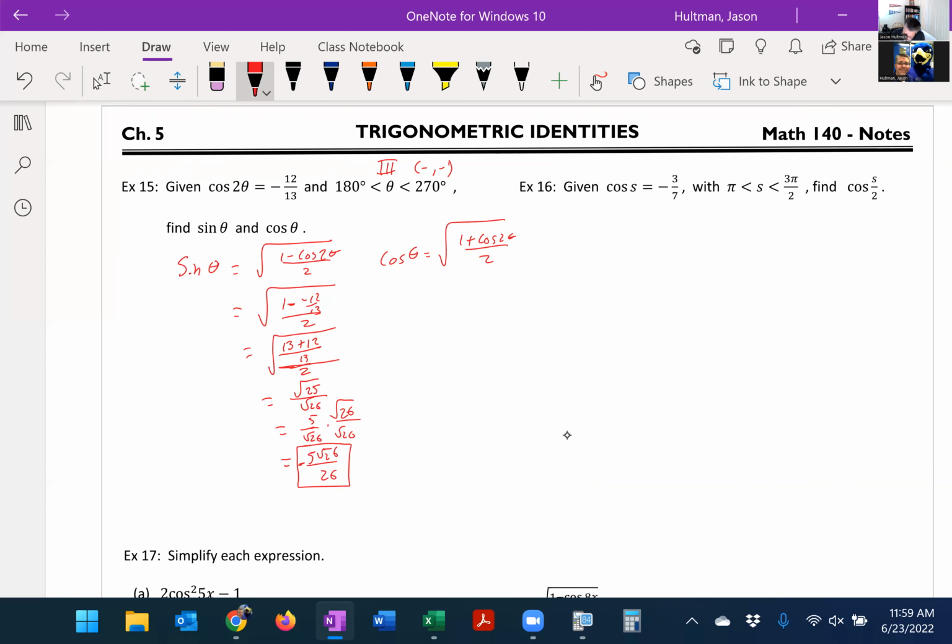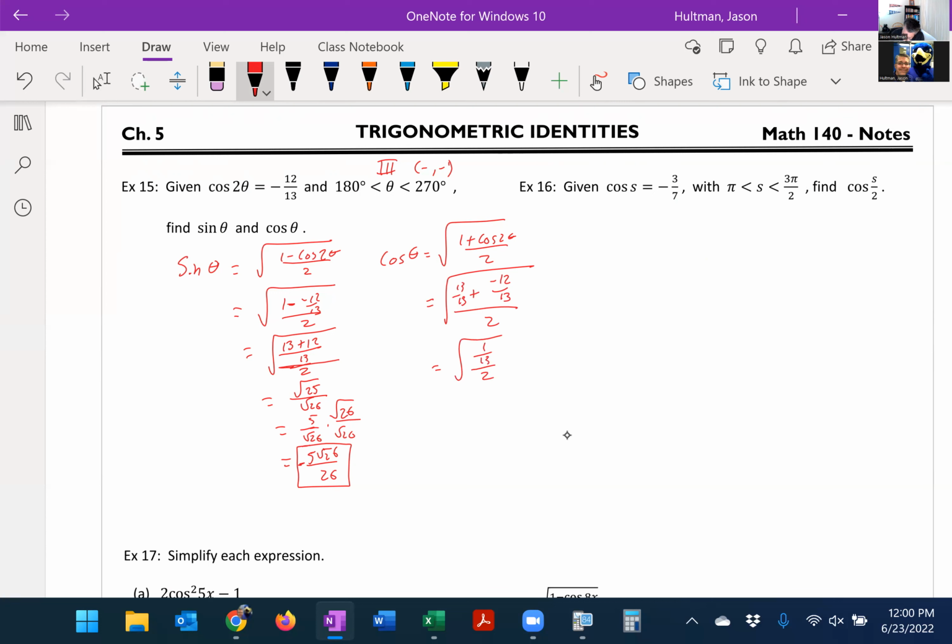Okay, what about the cosine here? The cosine, we're going to go 1 plus cosine 2 theta, which is negative 12 over 13, all over 2. Again, we can turn that 1 into a 13 over 13. So that becomes 1 over 13 all over 2, square root.